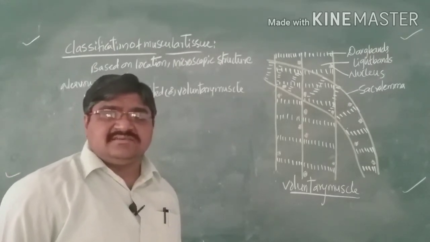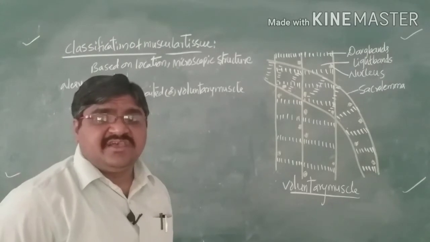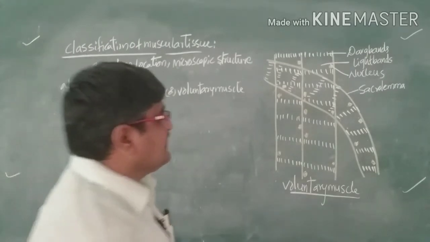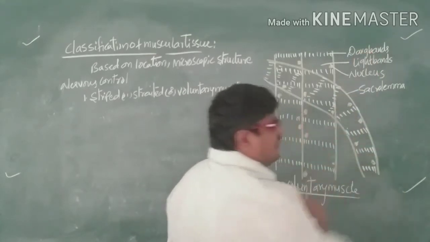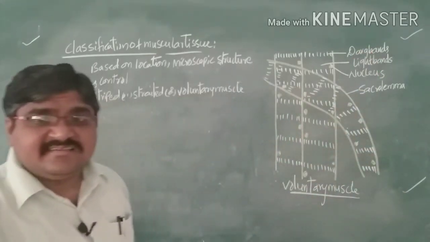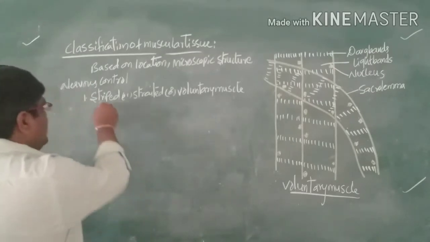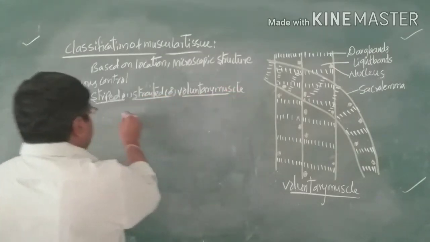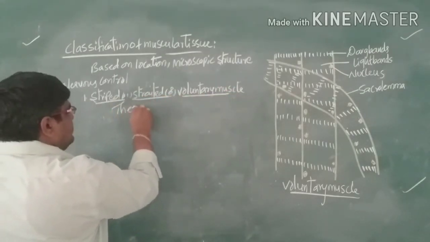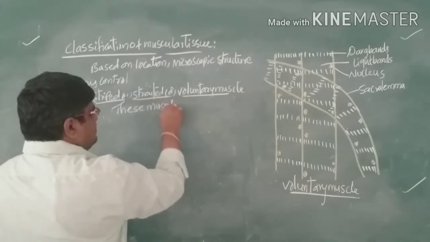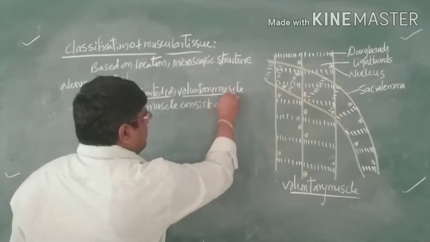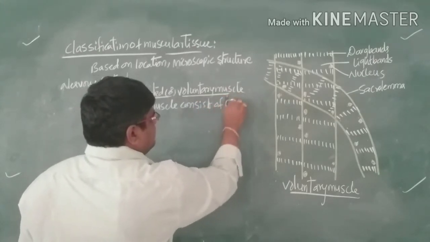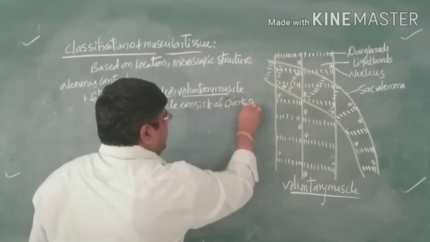Why can we call them striped muscles? Here these muscles consist of dark bands and white bands.